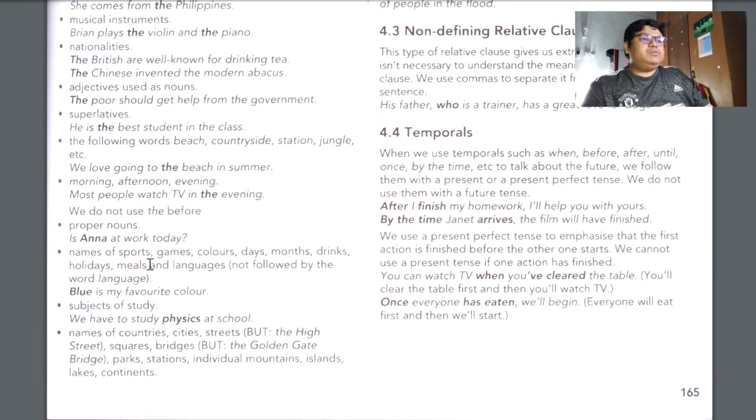Okay, names of sports, games, colors, days, months, drinks, holidays, meals and languages not followed by the word language. Okay, contohnya color kita tak boleh pakai artikel untuk color. Perkataan color, okay, nama warna tu kita tak boleh pakai the, kecuali kalau kita menerangkan tentang subjek yang berwarna.